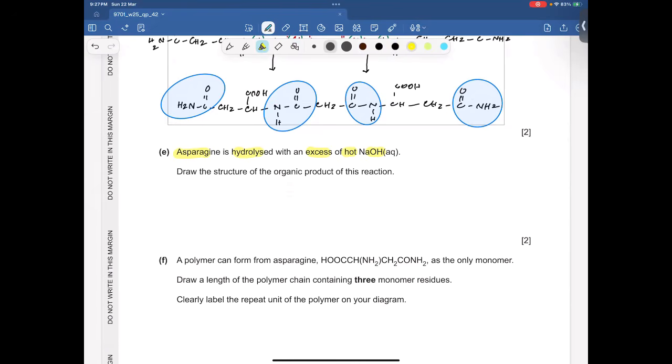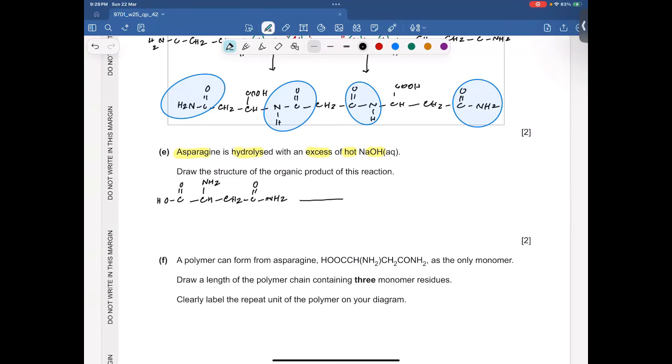Asparagine is basically this structure. CWH, CH, NH2, that's CH2, and that's CO, NH2.